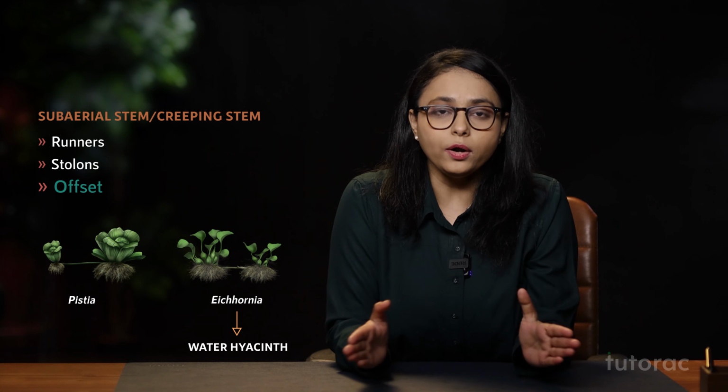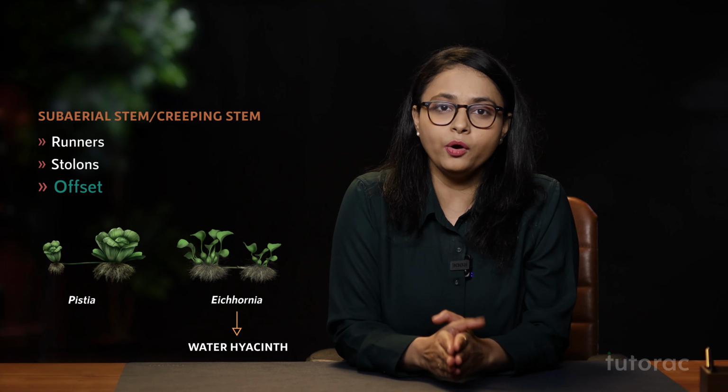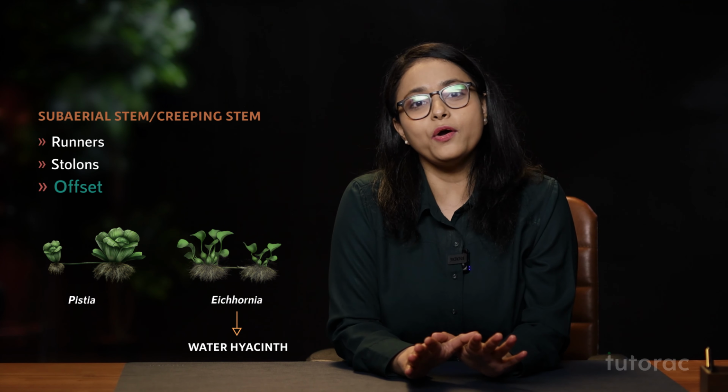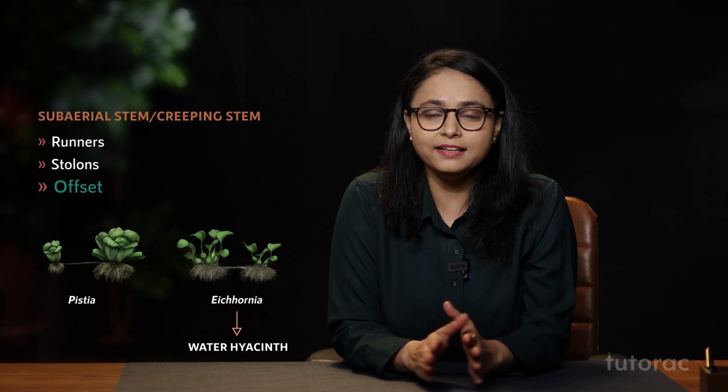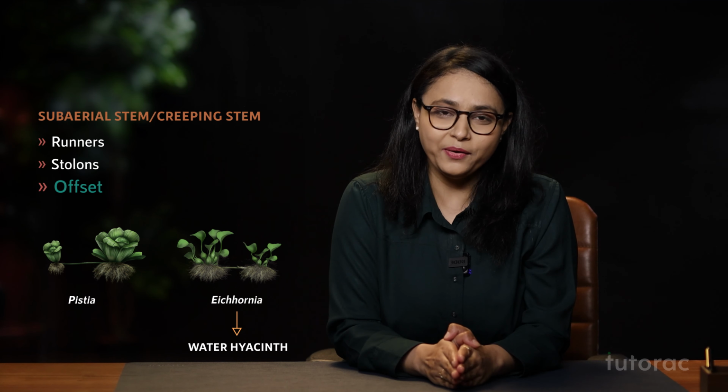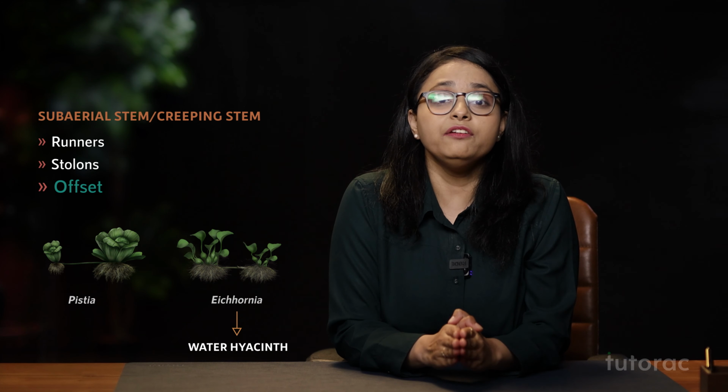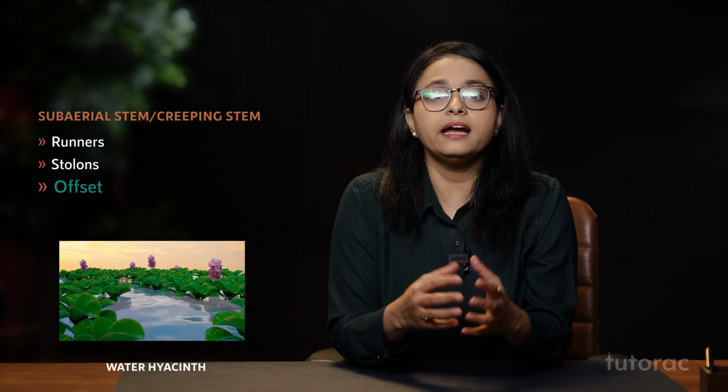Do you know water hyacinth is known as the terror of Bengal? No, it's not related to any war or violence. It is known as the terror of Bengal because it is an invasive weed which multiplies at an exponential rate in standing water. It was brought to India due to its beautiful flowers and attractive shape of leaves.